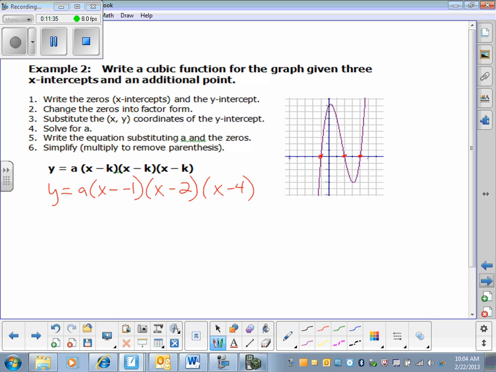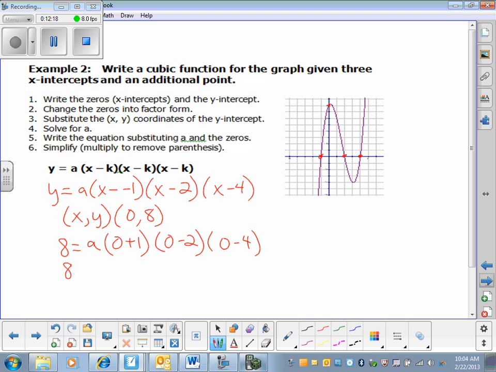Well, if the x value is 0, where is that? That's going to be your y-intercept. That's going to be your easiest point, I think, to calculate. In this case, it's at (0, 8). So we're going to let (x, y) be (0, 8) and substitute it into the equation. So the y is 8, so you're going to do 8 equals a, and then 0 plus 1, which is just 1, and then 0 minus 2, which is -2, and 0 minus 4, which is -4.